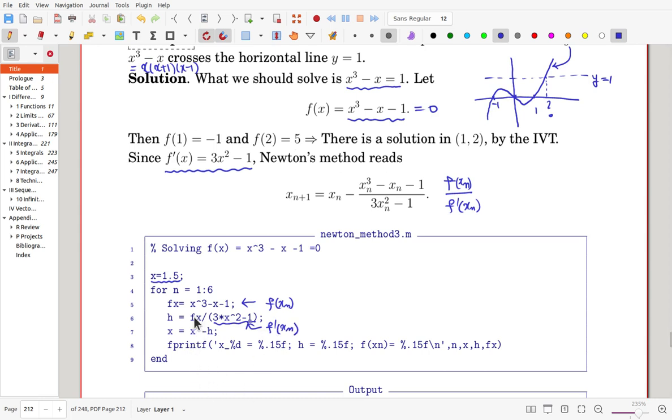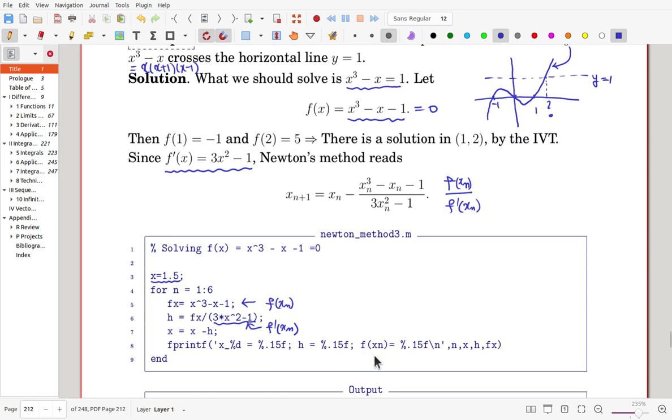So here there's a correction term, and for all the values, the correction term is subtracted to get the new value. Now we are printing out xn and the correction value, f of xn.